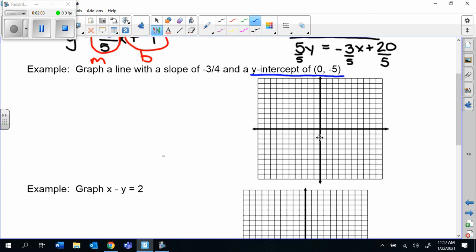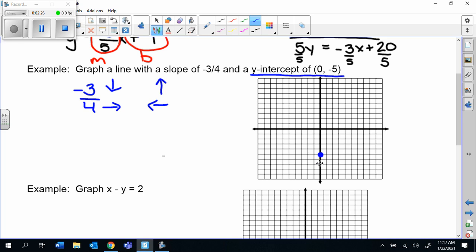So let's go down 1, 2, 3, 4, 5 and put our point. And then we have a slope of negative 3/4. So down 3, right 4, or up 3, left 4. Your choice on how you're going to do that rise over run.